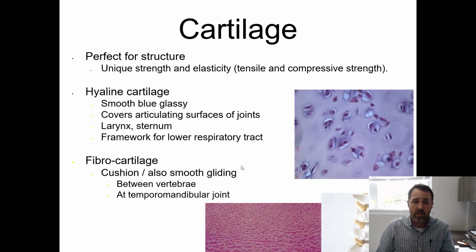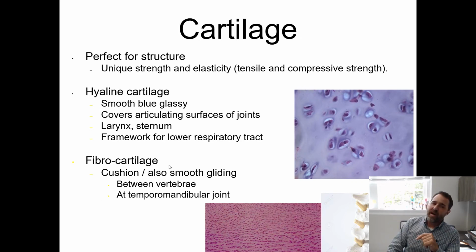The next cartilage we're going to talk about is fibrocartilage. And whereas hyaline cartilage is known for creating some smooth articulating surfaces and being important for the respiratory tract, fibrocartilage also creates smooth gliding articulation between joints.